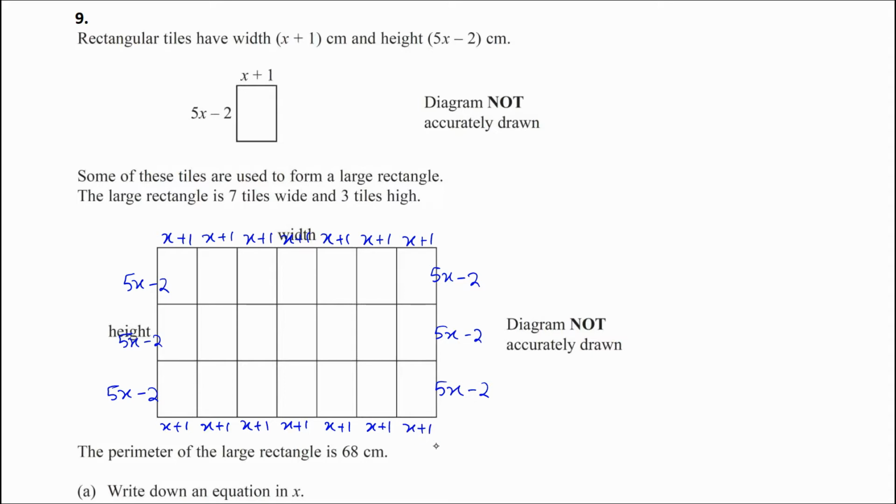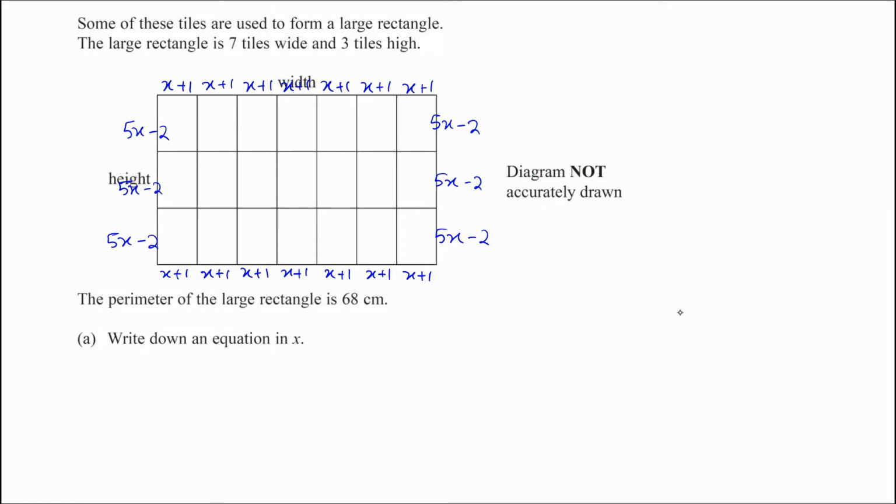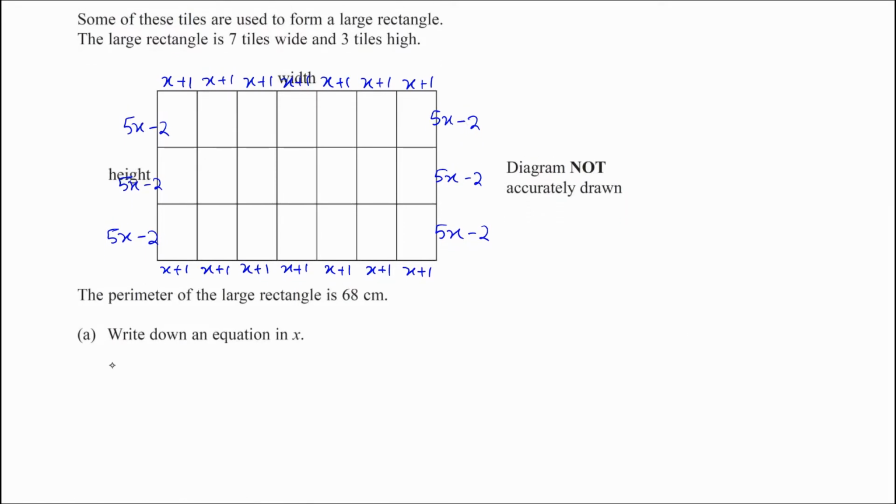All right, so the perimeter of this rectangle is 68. Write down an equation in x. The perimeter of this rectangle will be equal to, well, perimeter is distance around the shape.